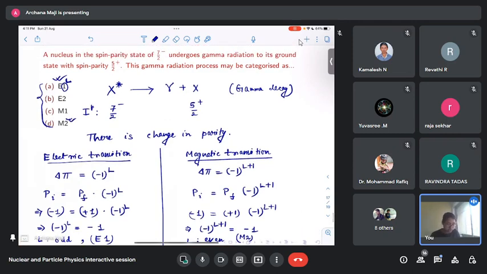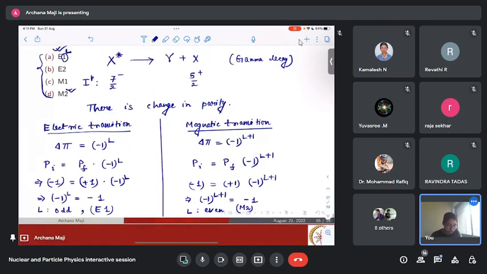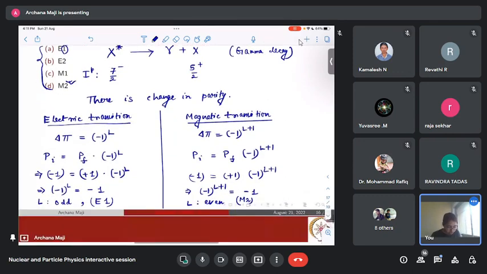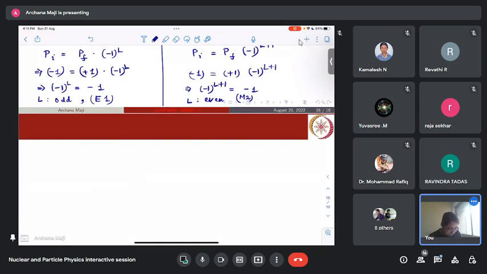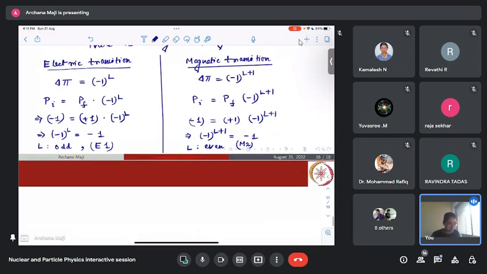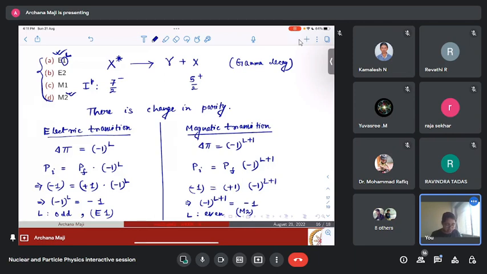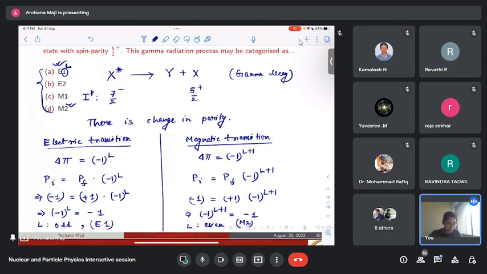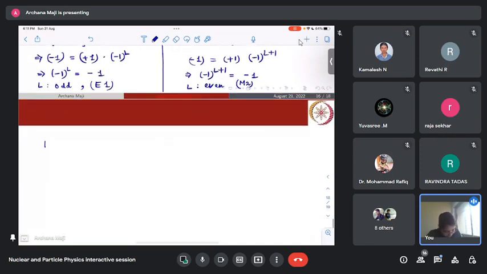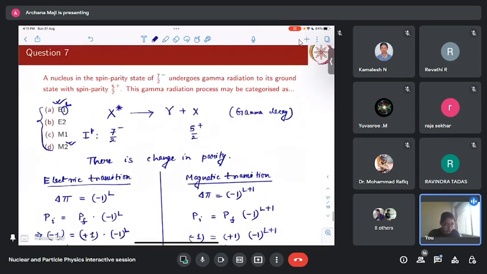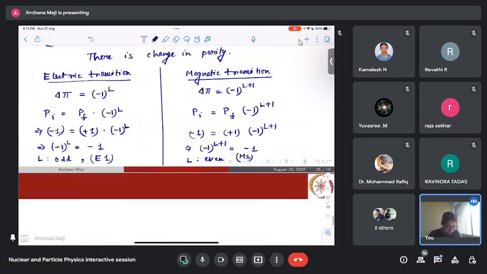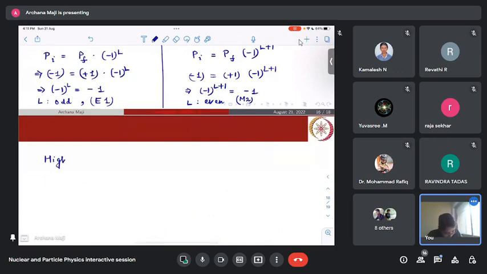Now we also need to see which one among these two will be the correct option. So we know that for the same order, the magnetic transition is less likely to occur. These properties were explained in the lecture, so let me just write it down. And we also know that higher order transitions are less likely to occur. Higher order meaning higher L value.